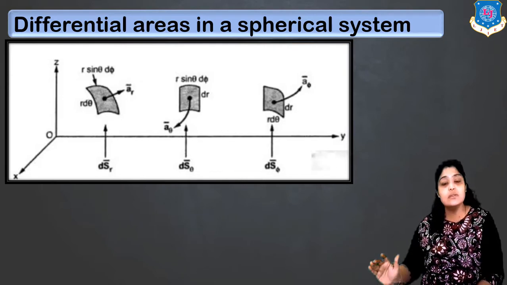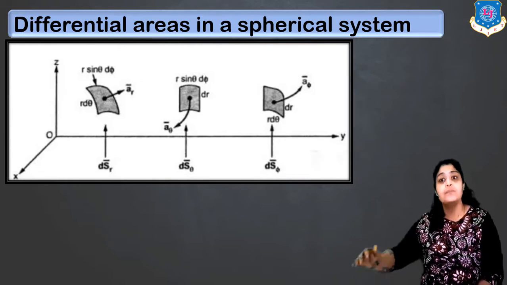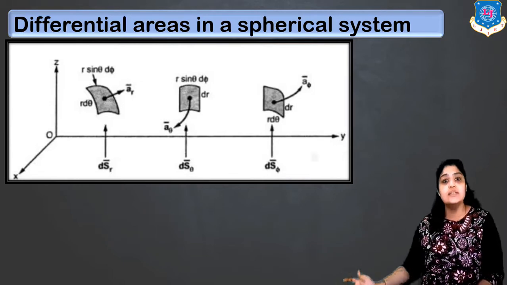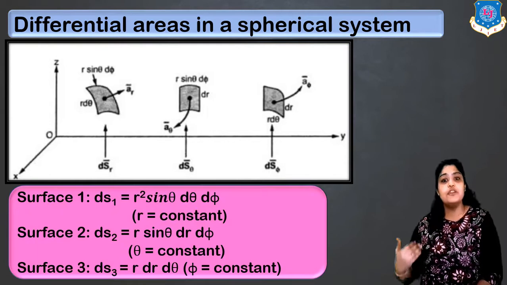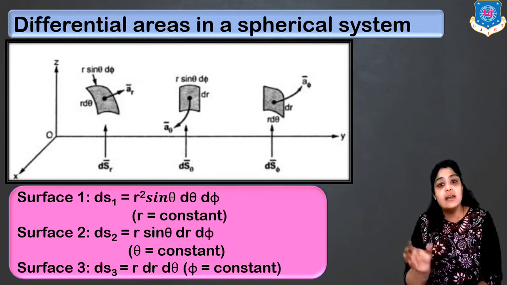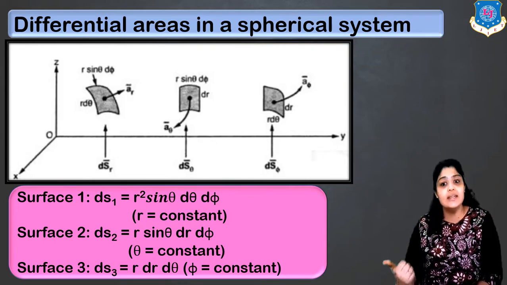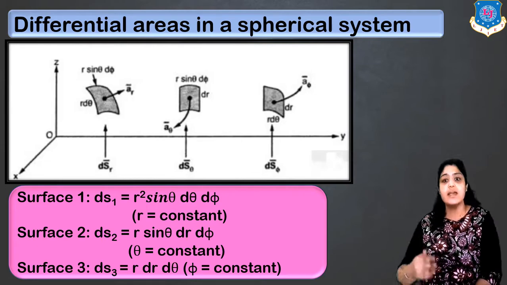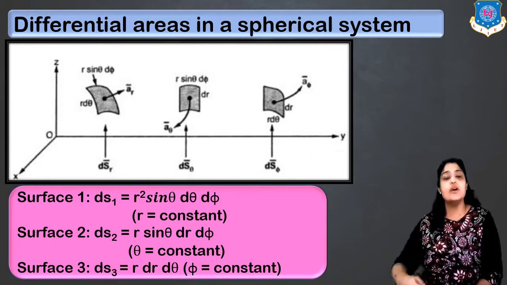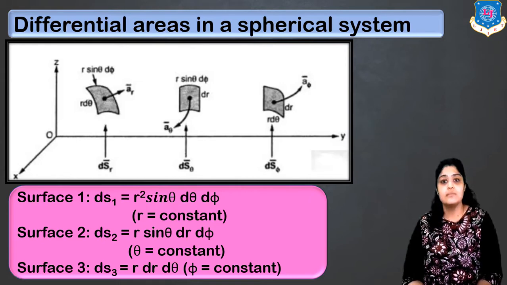So when theta is constant, we have dr and r sine theta d phi. And the third one, where phi is constant, we have dr and r d theta. So I have the three differential areas. When I consider r as a constant, my differential area would be r square sine theta d theta d phi. If I consider theta as a constant, it will be r sine theta dr d phi. And if I consider phi as a constant, it will be r dr d theta.